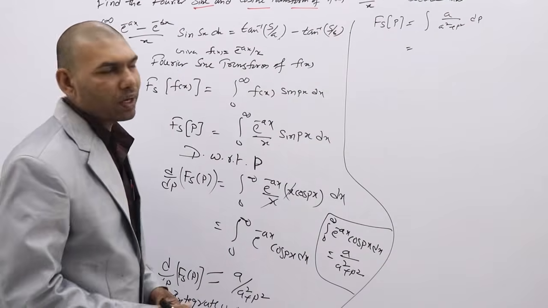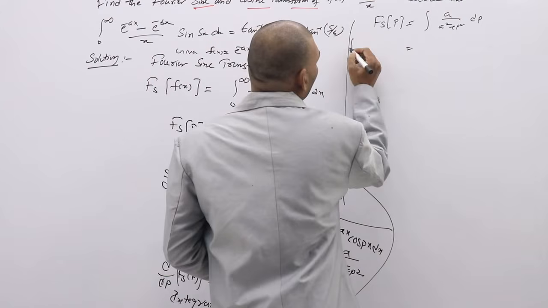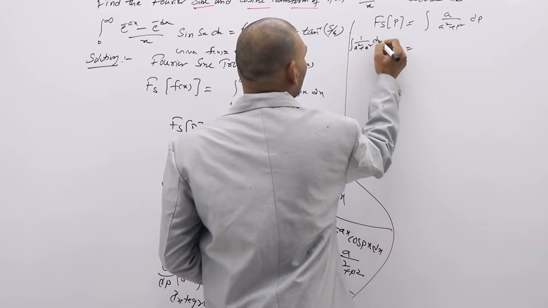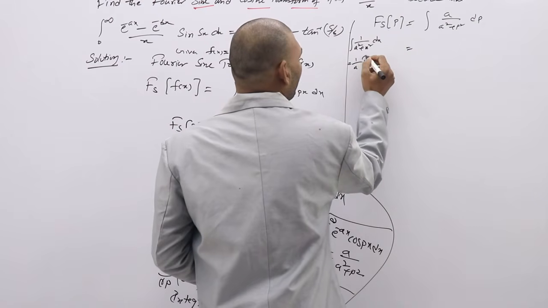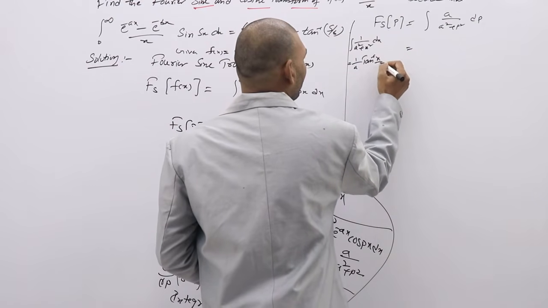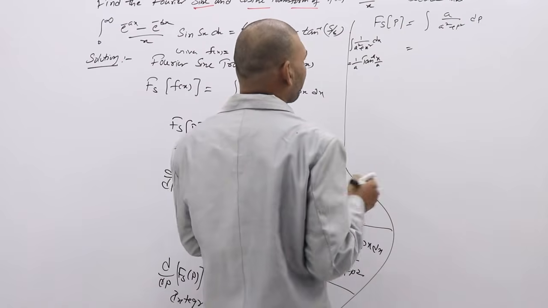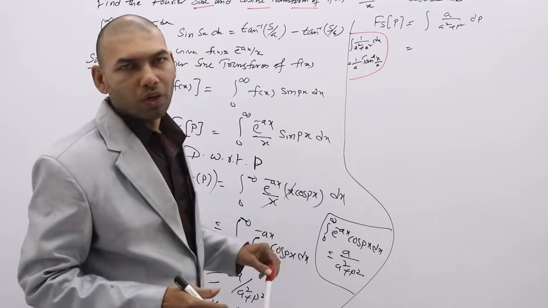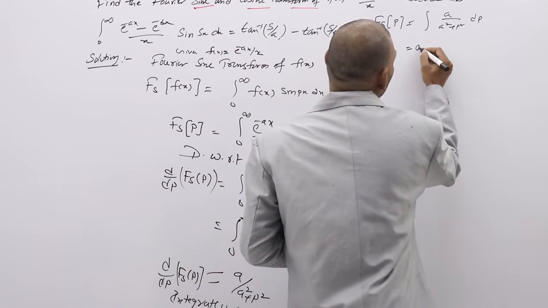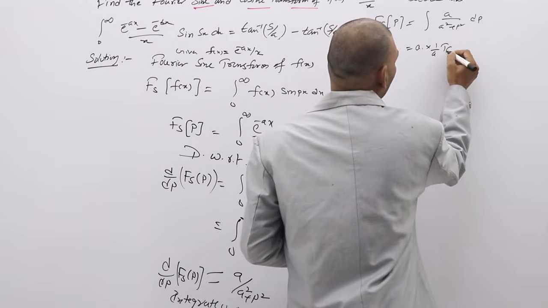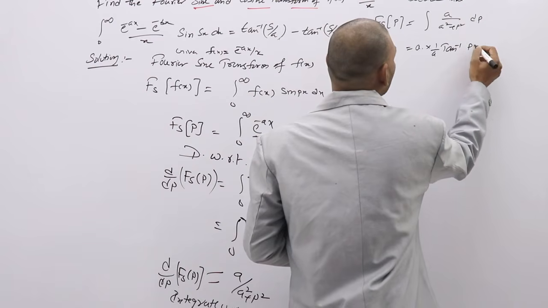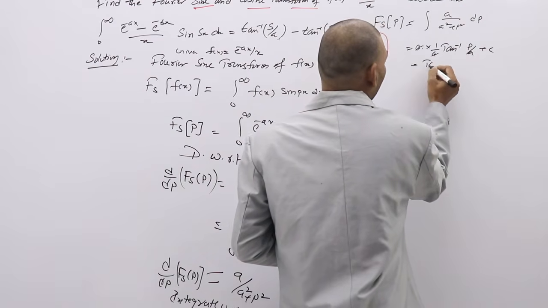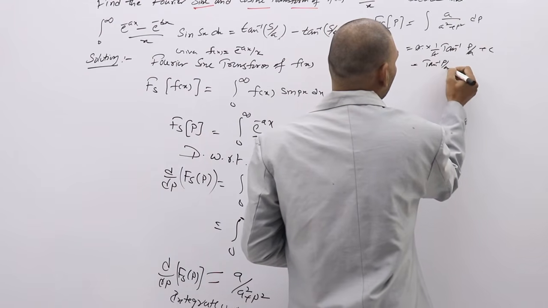So there is one integration formula. Integral 1 by a square plus x square dx equal to 1 by a tan inverse x by a. This is an integration formula. Here also a is a constant. So a into 1 by a tan inverse p by a, the a gets cancelled, giving tan inverse p by a plus c.